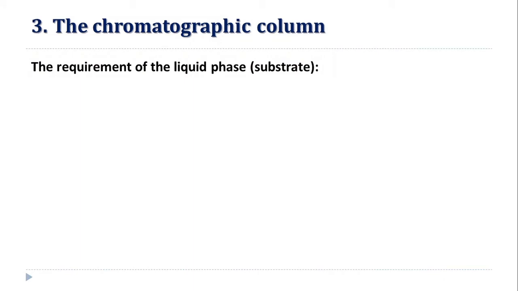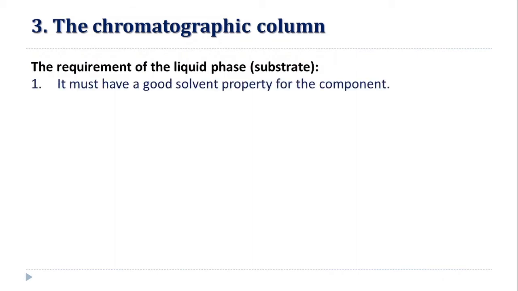Now we will see the requirements of the liquid phase, that is the liquid stationary phase, that is the substrate, and the uses of those liquid stationary phases for the separation of a particular sample. Whatever the liquid stationary phase, it must have good solvent property for the components. So the components which are present in the sample, this liquid phase should be a good solvent for those components.